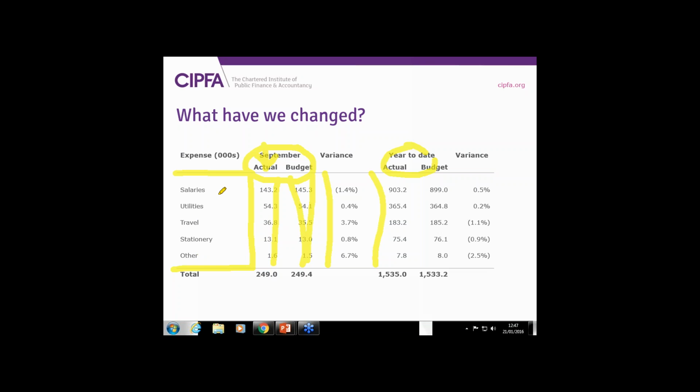I've also reordered the columns, sorry, the rows. So I've now put salaries at the top because that's the biggest number for the September actuals, so I'm assuming that's the most important information. If actually we were more concerned in the variances, then I would put the one with the largest variance at the top.